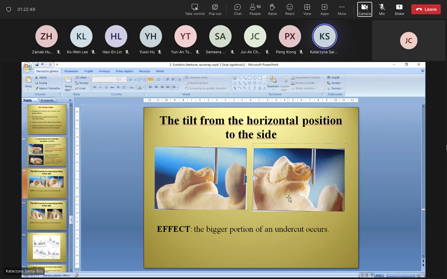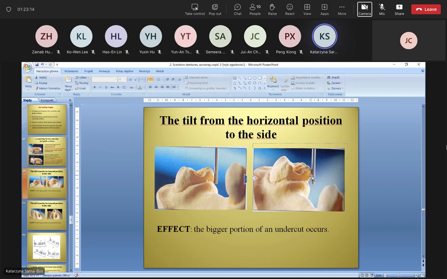But when we change the horizontal position to the side, the effect is that a bigger portion of an undercut occurs. So we can find the better undercut, or the bigger undercut, and of course we can find the retentive surface.